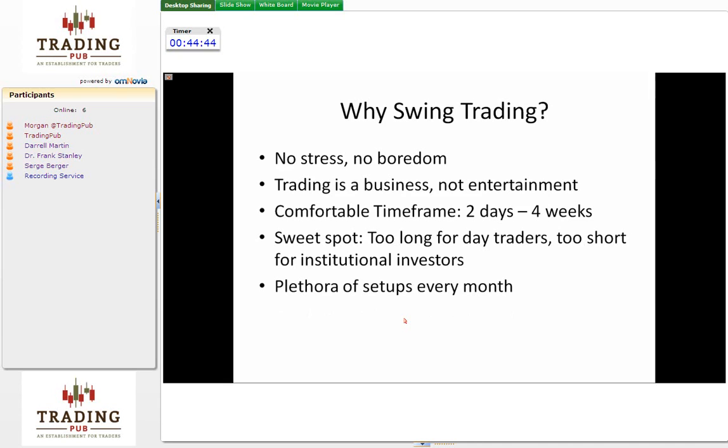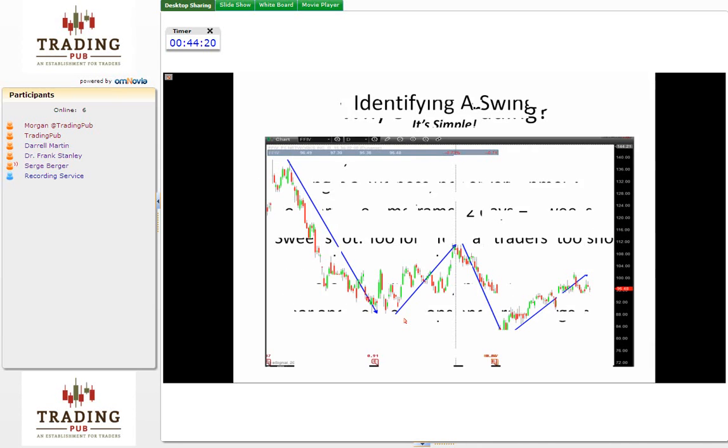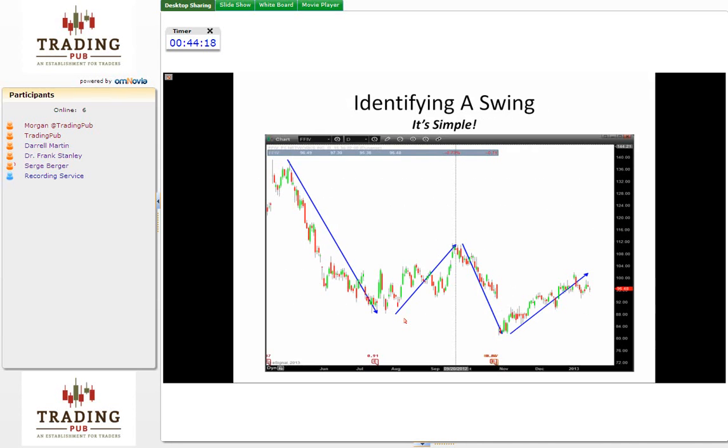So you tend not to get chopped around as much as you would if you're a really hectic S&P futures trader. At the same time, there are a lot of setups every month, and it's pretty steady. Obviously some months there are more than others, but almost always there are setups. Even in the slow periods like in August and the second half of December, there are setups to be had.